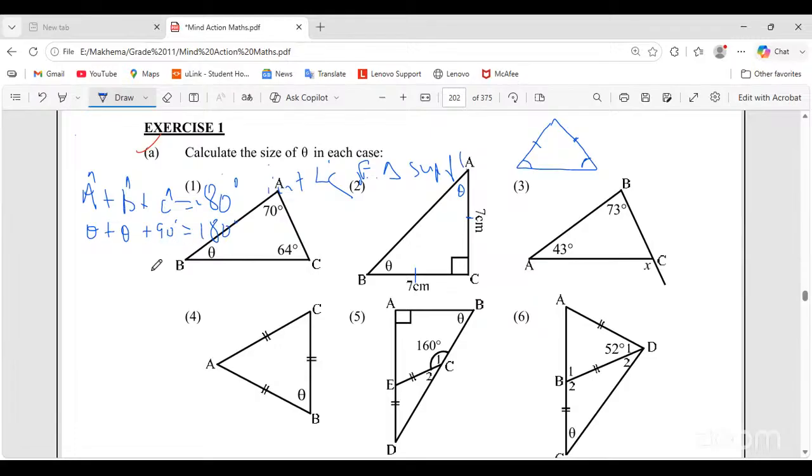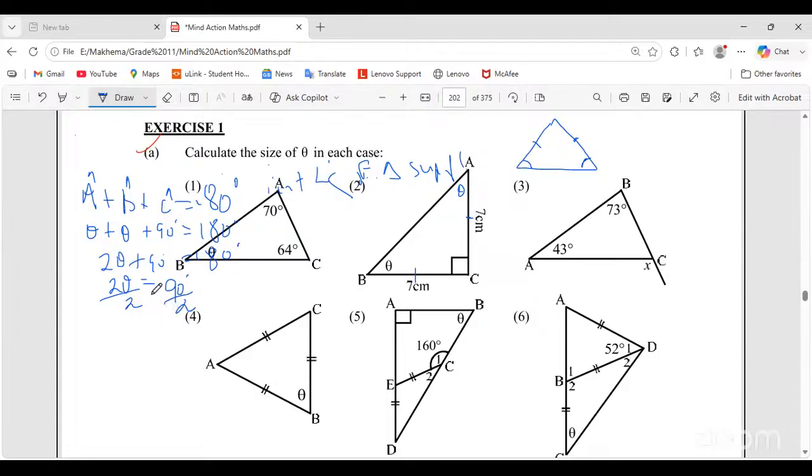Now you do your beautiful algebra from this point. 2 theta plus 90 degrees is equal to 180 degrees. Okay, 2 theta is equal to 180 degrees minus 90 degrees, which will give me 90 degrees. Now I divide by 2 on both sides.